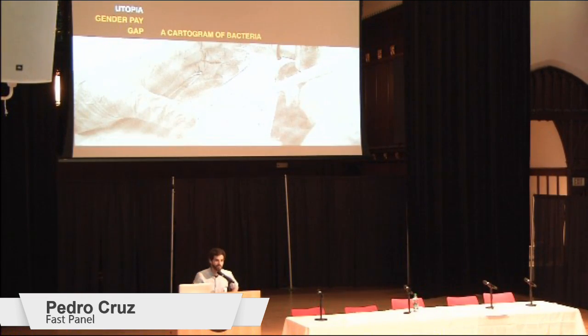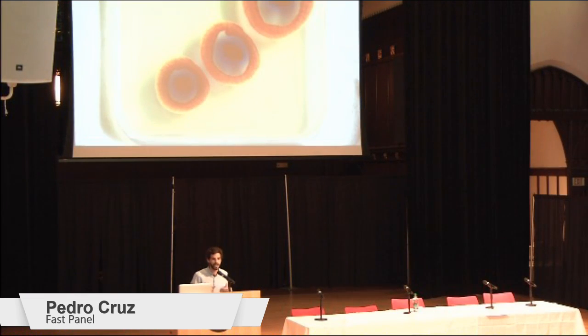Working with the utopian view, this part will be done by Marta. It will also be a cartogram, but made of bacteria. What she can do is to have these two types of bacteria. One is blue, the other is red. The blue has to be in the center, those are the conditions.